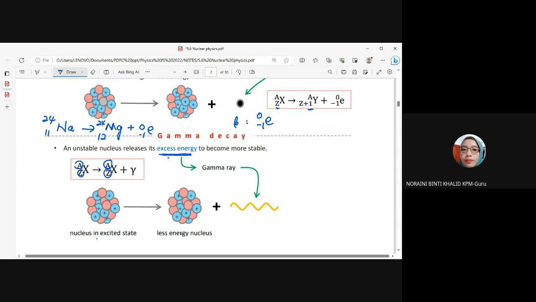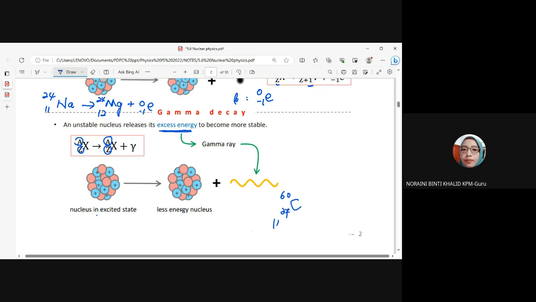Example, we have cobalt 60 27, which is high energy, so it is not stable. It releases some energy, becomes still cobalt 60 27, low energy, plus gamma. Ini adalah example untuk gamma decay.